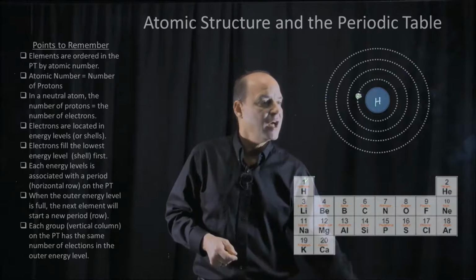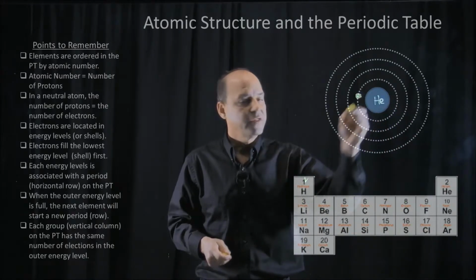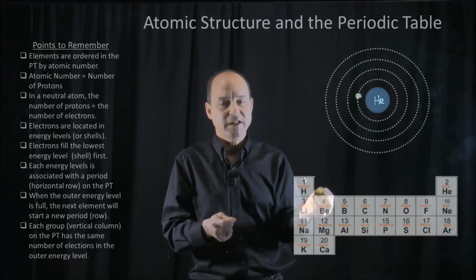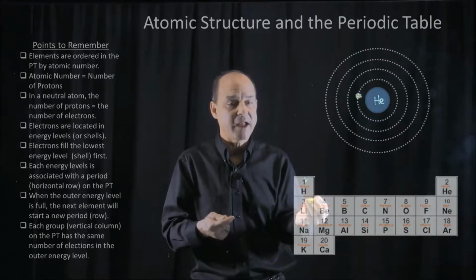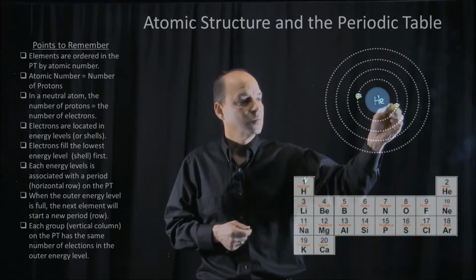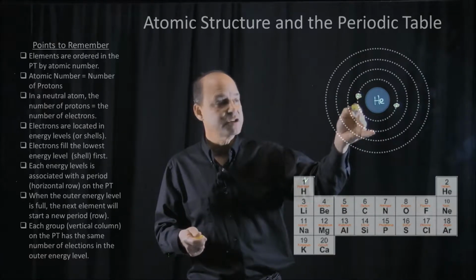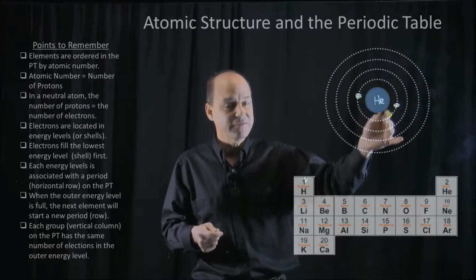Helium adds another proton. There are 2 protons in helium, so for a neutral helium atom, we need to have another electron. Notice I put the first electron in the first shell, I put the second electron in the first shell.